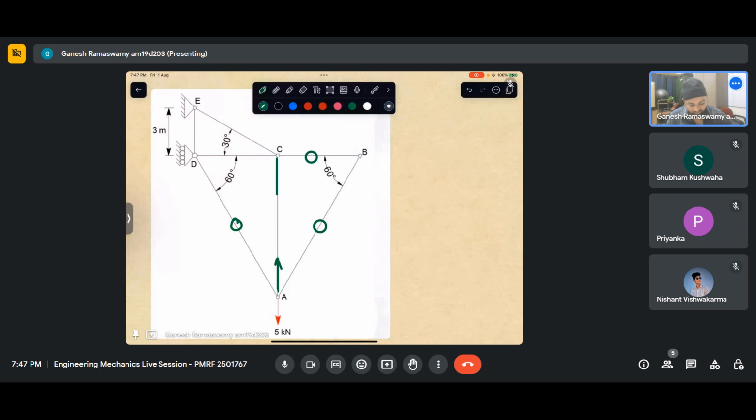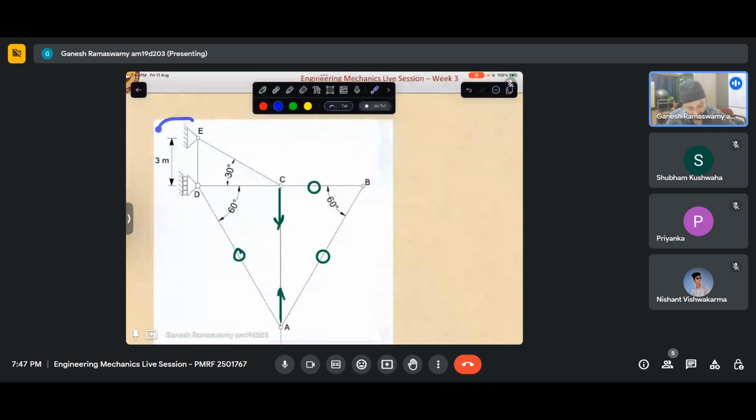Now essentially we are looking only at this truss where a force at C is applied like that. This member is not there because it is a zero force member. So we have a triangle where we have a force applied like that. And this is a roller support. So if this is a roller support, we know that a reaction will be like that. And we have one member like this.